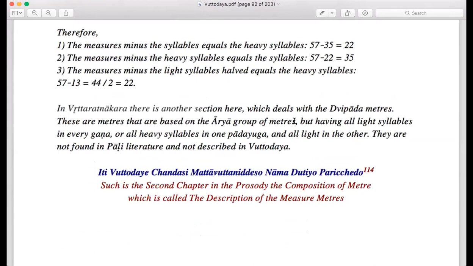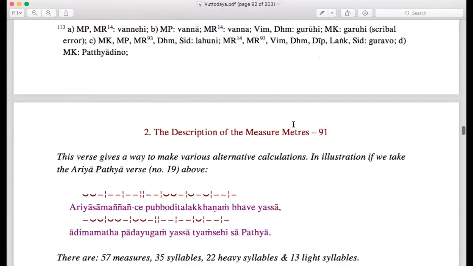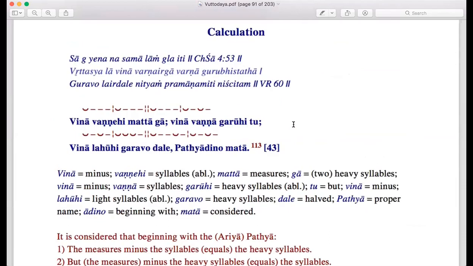Are there any questions? Yes, Bhante. Could you please go back to that verse, Bhante? Yes. Okay. So here, Bhante Ananda Jyoti, dale is translated as half. What case is it, Bhante?